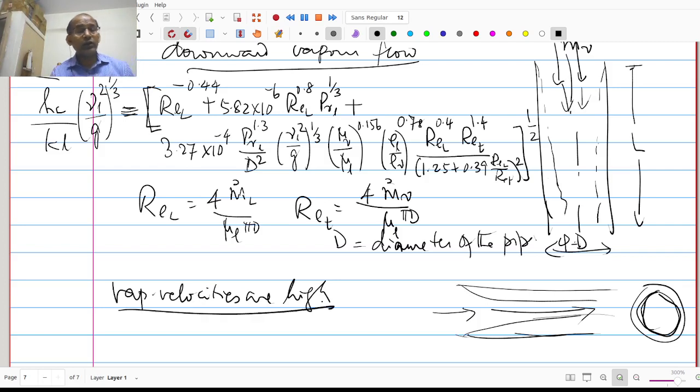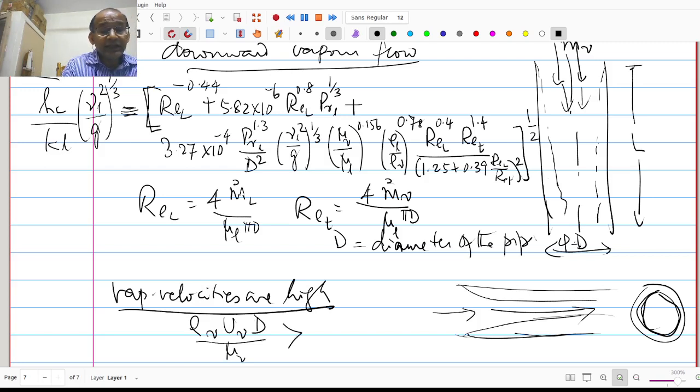You cannot just loosely say vapor velocities are high, but you need to define a Reynolds number for doing that. So you define a vapor Reynolds number, rho_V times u_V, the velocity of vapor, multiplied by diameter divided by mu_V.